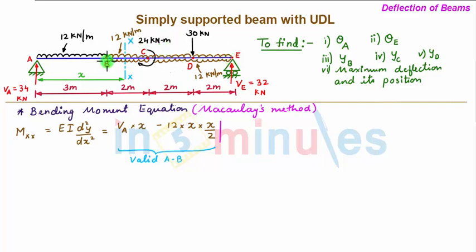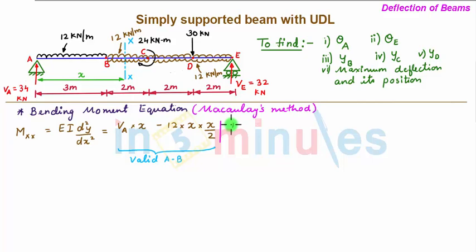Now when this downward load is added, the equilibrium of the beam is disturbed. So to maintain the static equilibrium, we also apply an equal and opposite upward UDL of the same magnitude, 12 kN per meter. So now, if we write the bending moment equation about section XX considering the left hand side of section, we need to add additional clockwise moment caused due to this upward UDL of 12 kN per meter acting at a distance of x minus 3 meter.